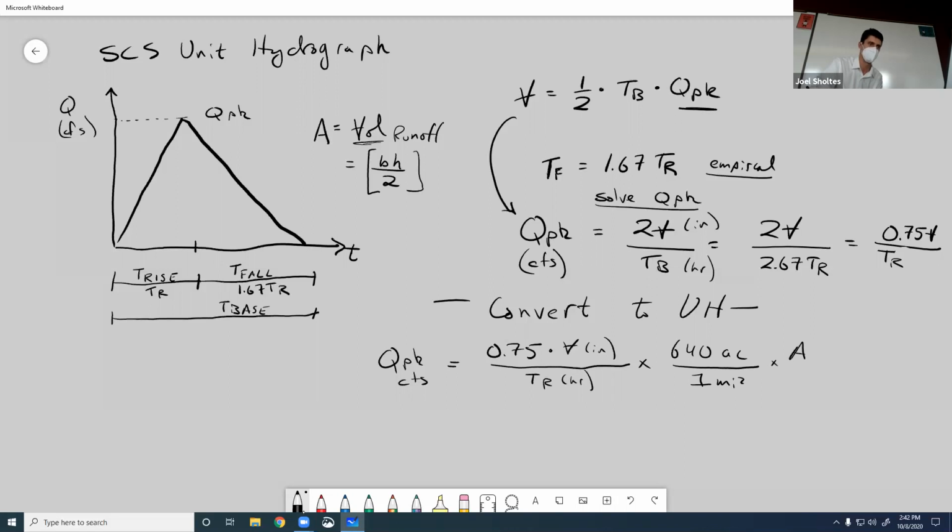Now we can bring in area. And then we'll bring in a conversion factor, which is 1.008 inches per acre per hour, all over 1 CFS.